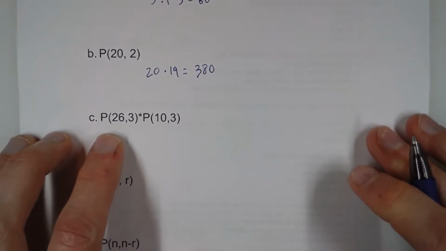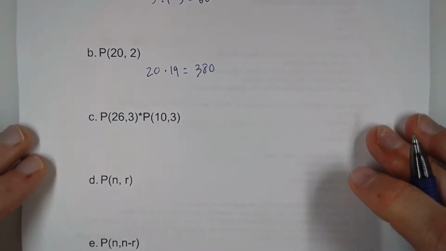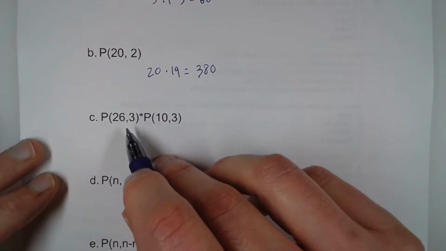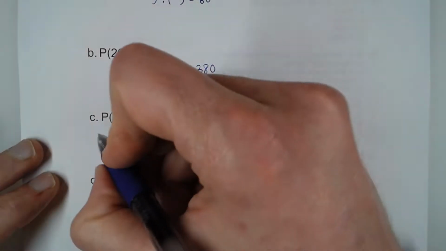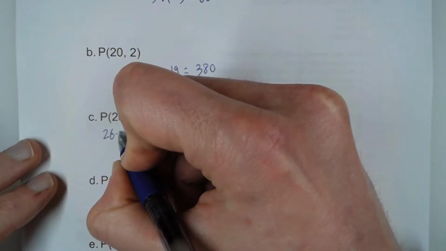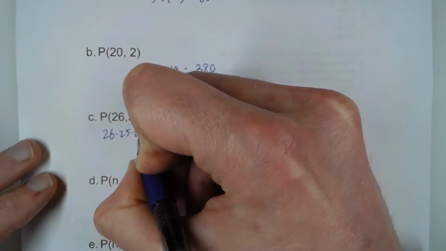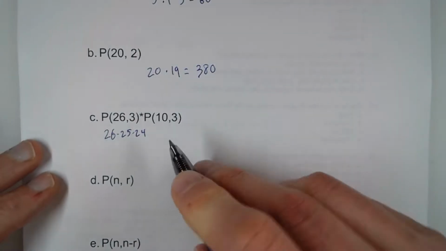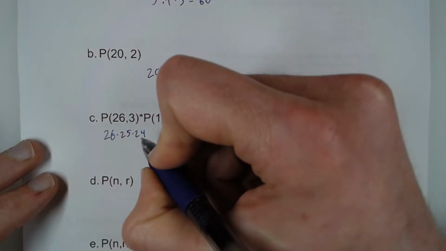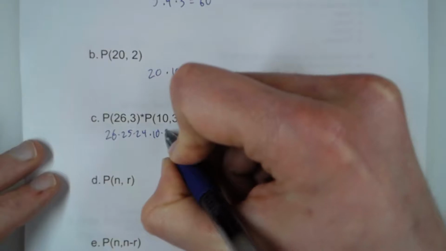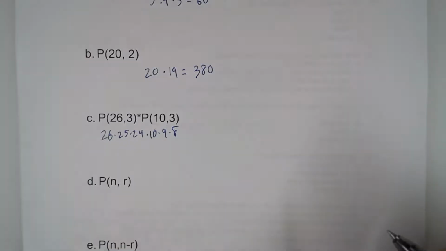Now letter C, here we have 2 different permutations. We have P(26,3), so that means I'm going to multiply 26 times 25 times 24. And then I have P(10,3), so that means I'm going to multiply 10 times 9 times 8.